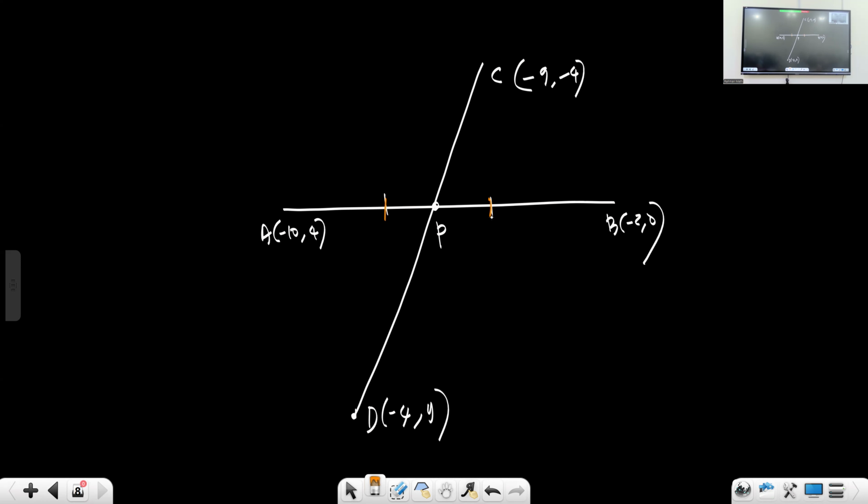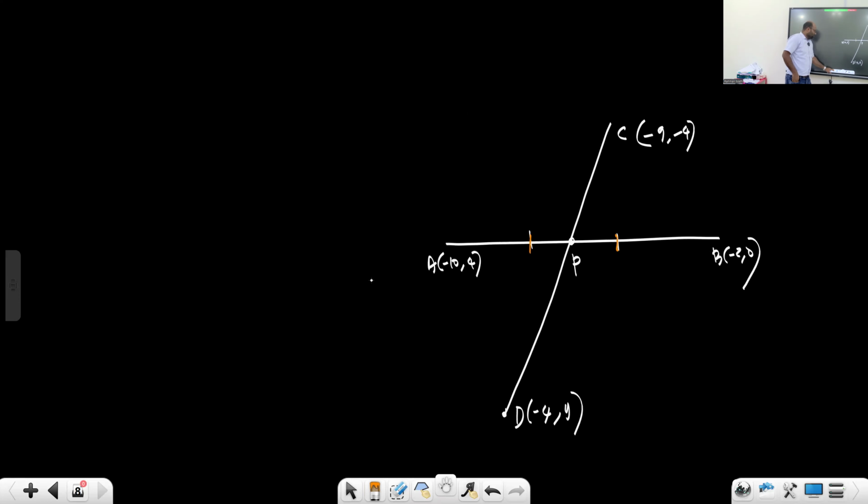Given that P is the midpoint of AB. Therefore, by the midpoint formula, you will get the P coordinate.